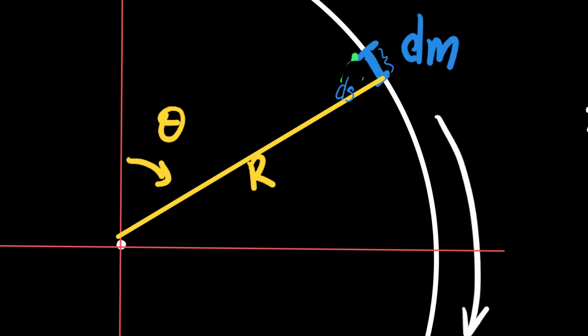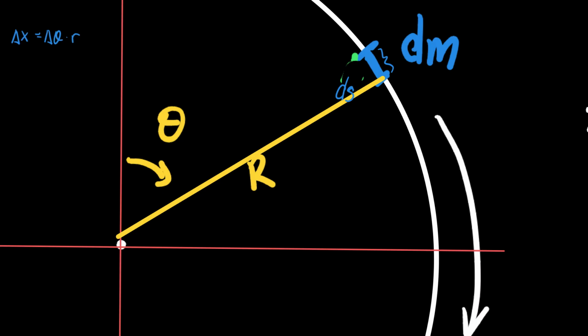Does that make sense? Imagine that you were using a compass. A compass has a fixed value for r. If you were making an arc, you would just scratch out a little bit of theta to get a piece of the arc. Does that make sense to you guys so far? And I'm going to base this on something you were already supposed to know, that delta x is equal to delta theta times r.